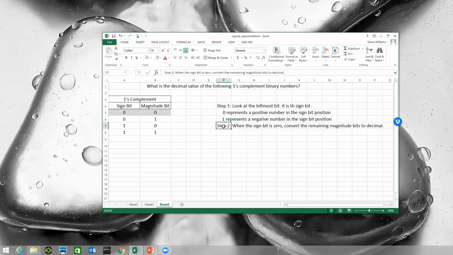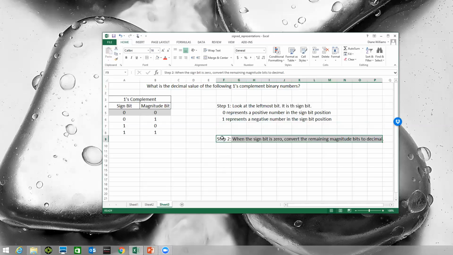Let me move this down, make this more readable, and then we'll go back through this. Step 1, look at the leftmost bit, the sign bit. 0 represents a positive number, 1 represents a negative number in the sign bit position.